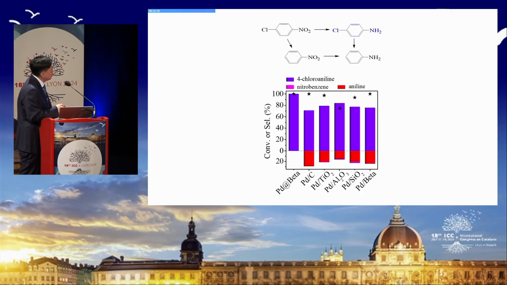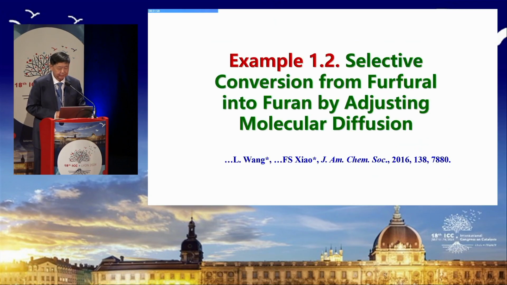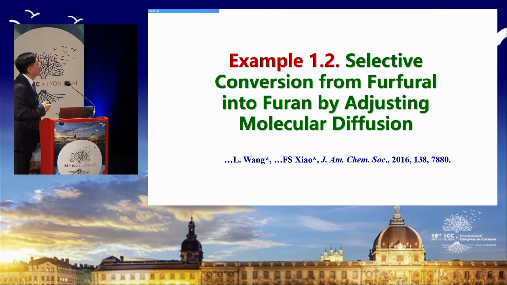Only our new catalyst shows 100% conversion and 100% selectivity for our desirable product, but others always get the byproduct. For the other substrates, we also show very high selectivity and very high activity. The second example shows the selective conversion of furfural into furan by adjusting molecular diffusion.